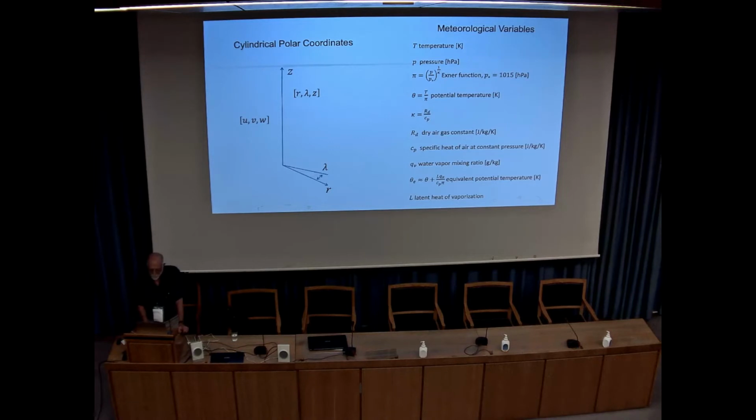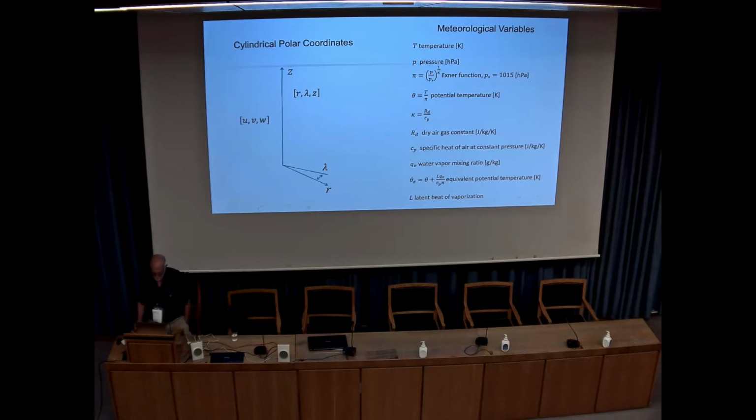And most of these are meteorological variables. Temperature T, using the standard definitions. Pressure P. Pi may be a little bit unfamiliar. It's the Exner function, the normalized pressure. This kappa is the gas constant divided by the specific heat at constant pressure.